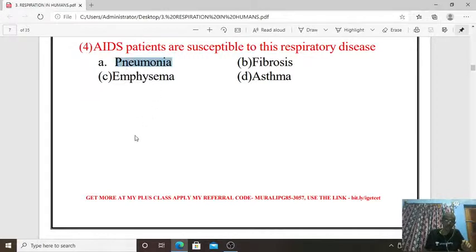They are going to have pneumonia very easily, because in the case of HIV patient, as we know, acquired immunodeficiency syndrome, the immunity power is very less, so they are highly susceptible to airborne disease, that is pneumonia, etc. So answer is A for this fourth question.